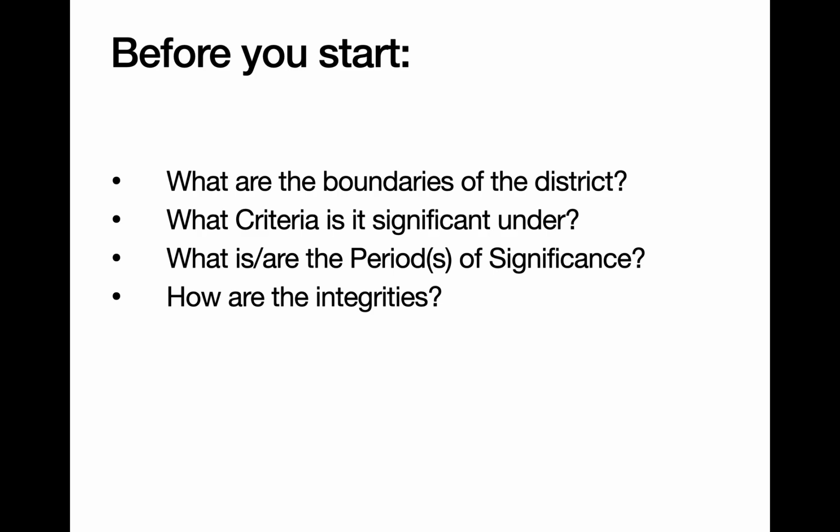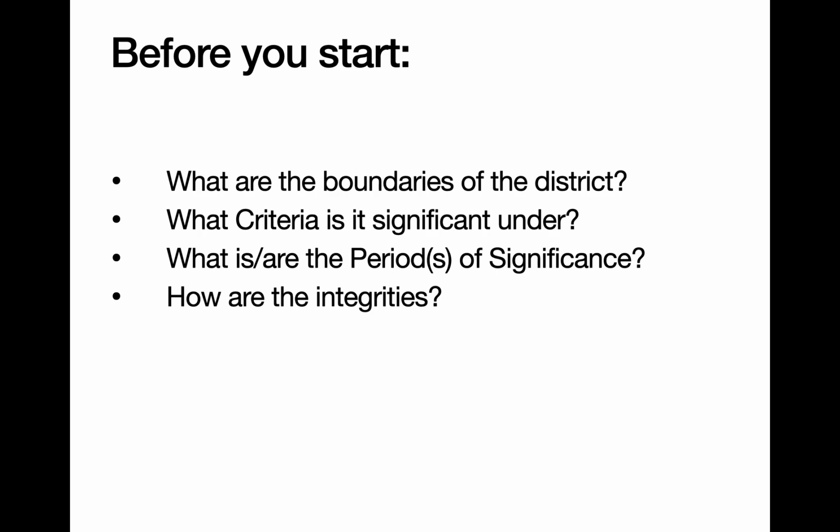The next thing that you need is the periods of significance. In our case, it will be one period of significance. Probably there are no outlier dates that are important. But in other districts, it does happen where a district is important for, let's say, the era it was built in, and then also for some person's life or an event later on. So that does happen.